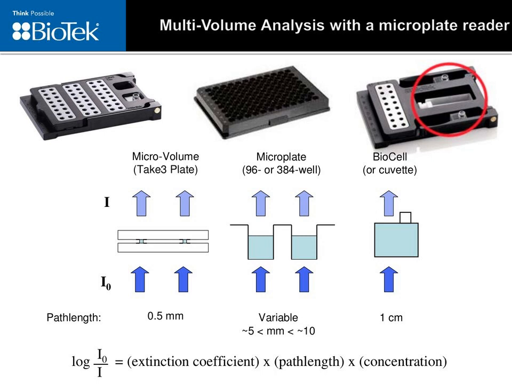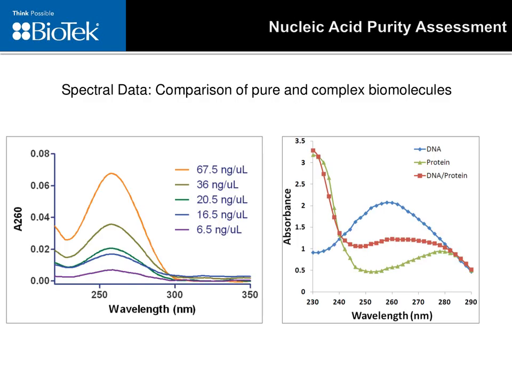Another question here, what is the A260/A230 ratio typically used for? Again, this is a ratio that can be used to look for contaminants, and I believe I show some information on a couple of these slides when we're looking at the purity of a sample.